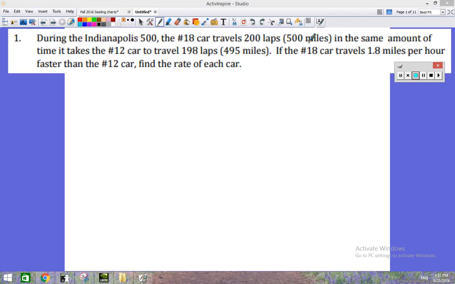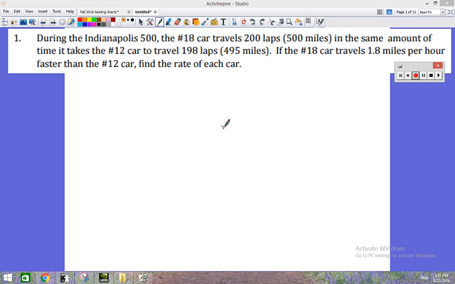It traveled further in the same amount of time. It completed the 500-mile race in first place. And it doesn't say whether this is second place or not, but it's definitely after the first place. So the one that won the race, the car number 18, traveled 1.8 miles per hour faster than the number 12 car. Find the rate of each car.